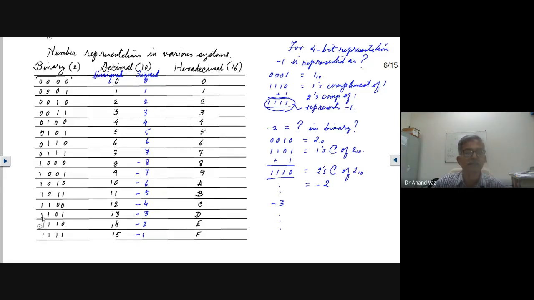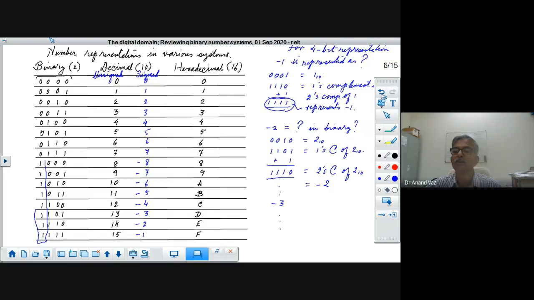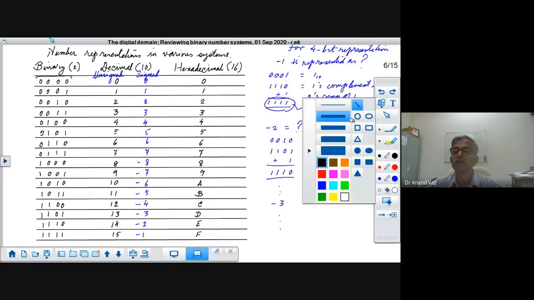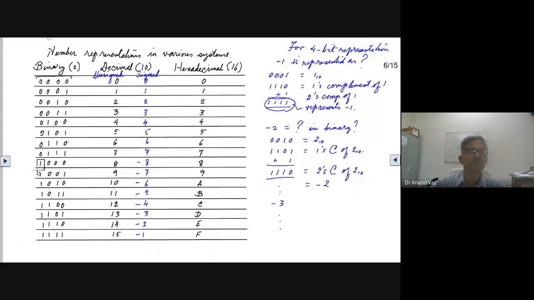And you can see that all these negative numbers have a most significant bit, the leftmost bit, and you can see all these are 1.